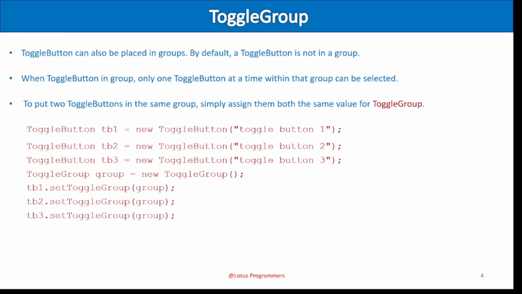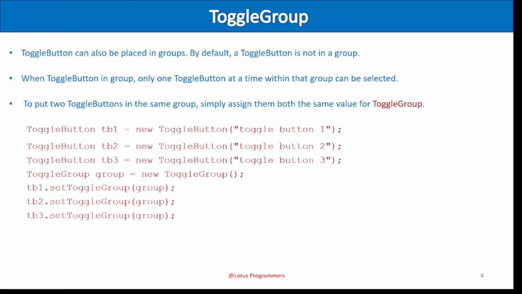Now for the toggle buttons we created, through the TB1 object by calling the setToggleGroup method, we can add toggle button 1 to the toggle group, and in the same way we can add toggle button 2 by specifying the group as the argument.